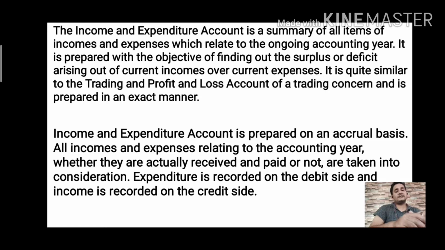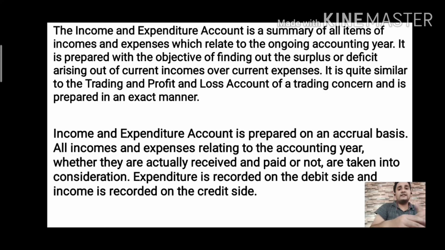While preparing income and expenditure account, you have to remember that all the non-cash items are recorded. And income and expenditure account is prepared on the last date of the accounting year.